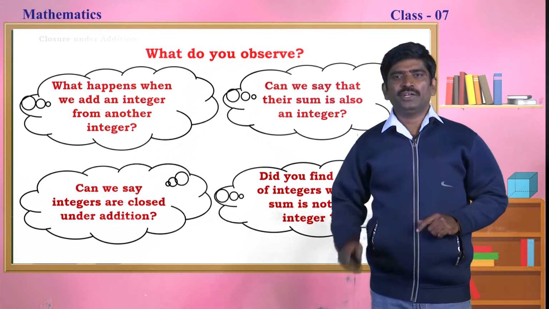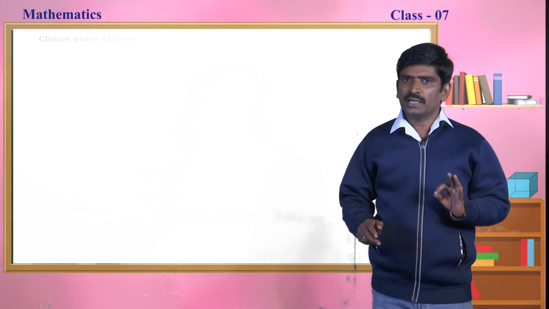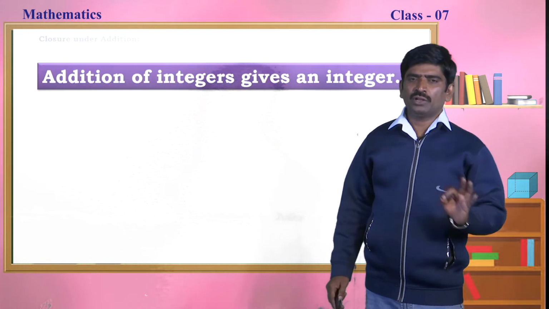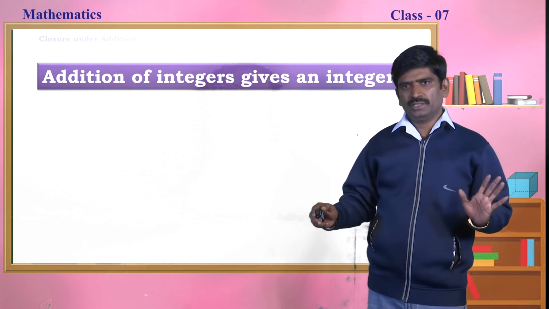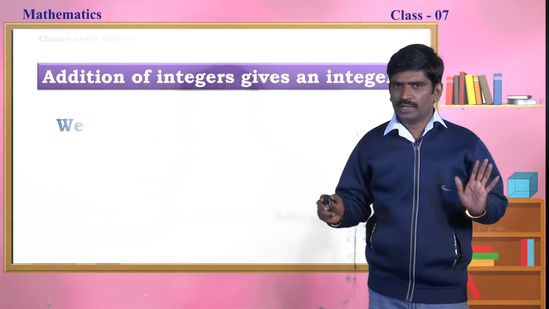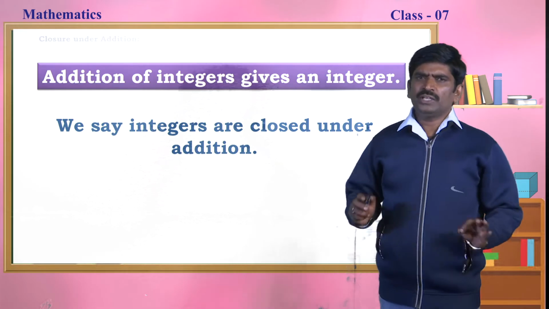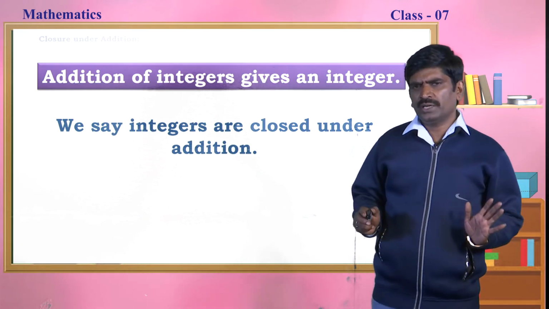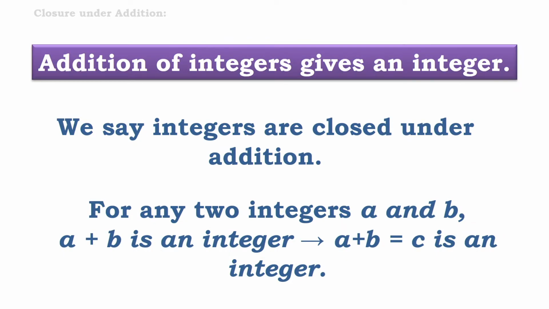Yes, integers are closed under addition. The addition of integers gives an integer. This is the statement. We say integers are closed under addition: in general, for any two integers a and b, a plus b is an integer. That means a plus b is equal to c, and c is always an integer.